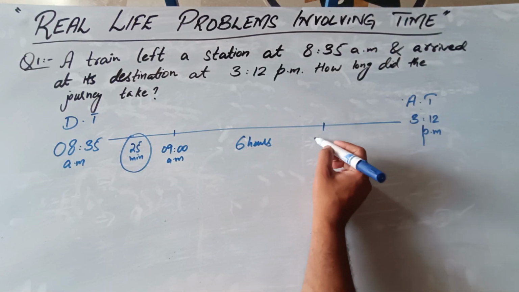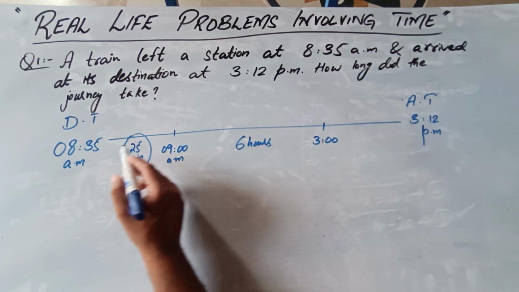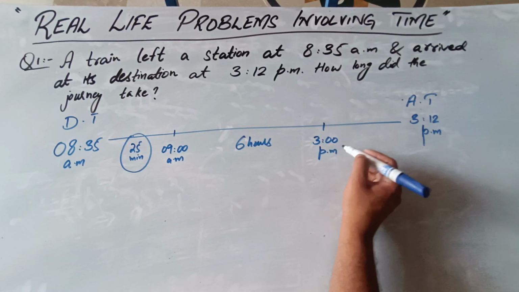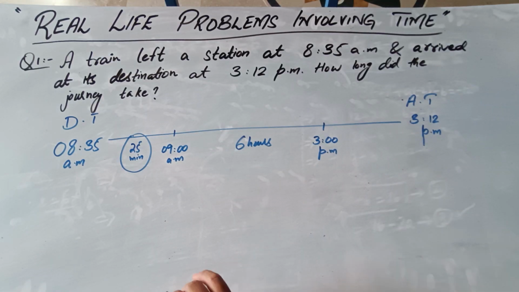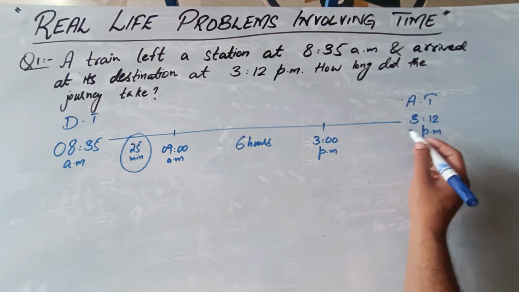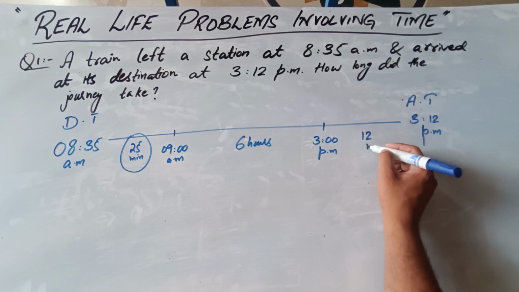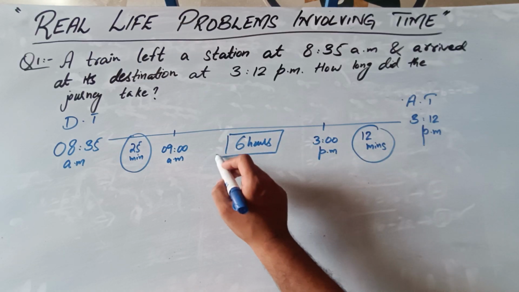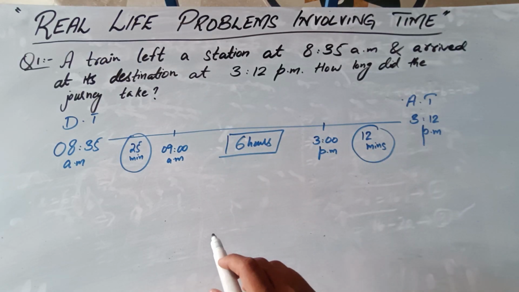After adding 6 hours I would be at 3:00 p.m. Now I want to reach 3:12, so I have to add 12 minutes to it. Now we will see how many minutes and how many hours we have added, and we will add both of them to get the journey time.